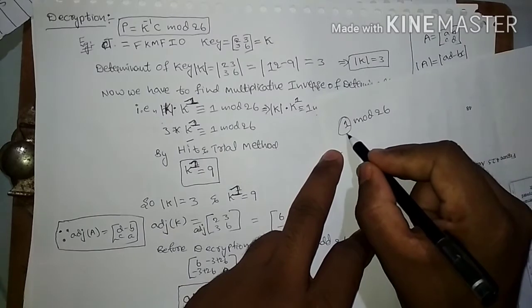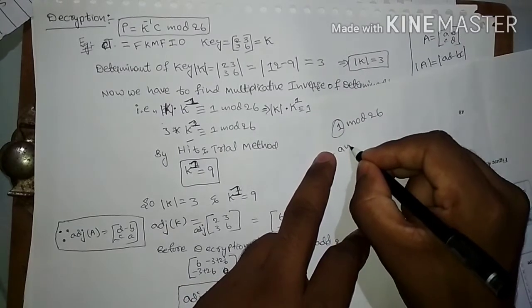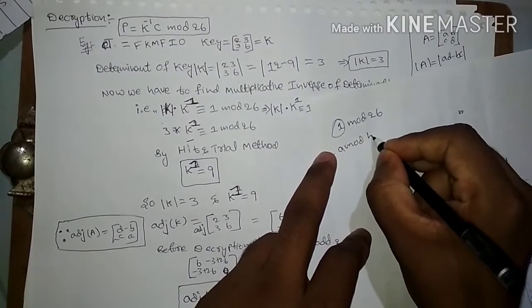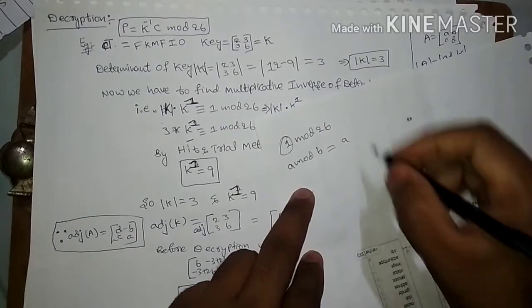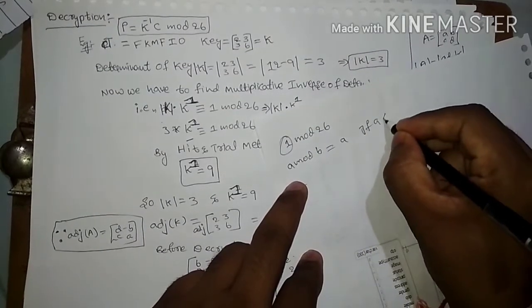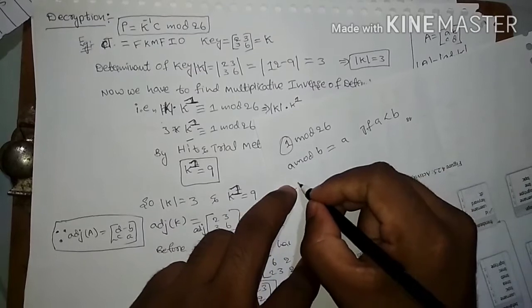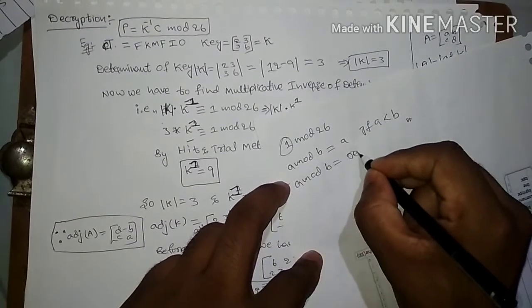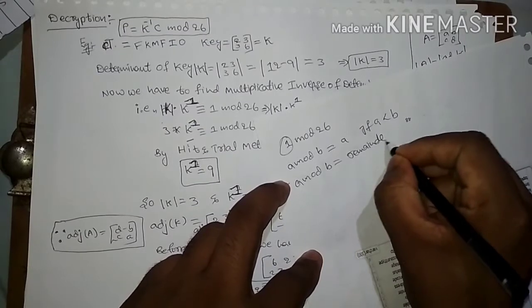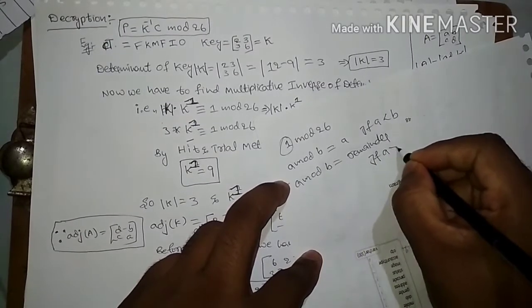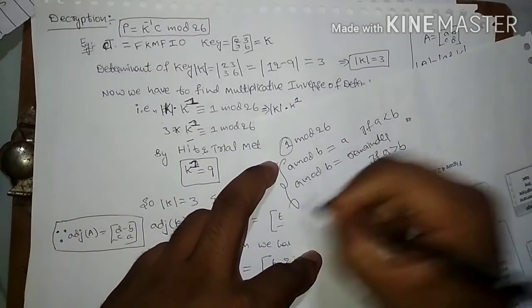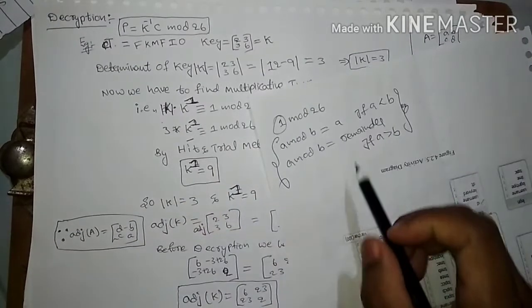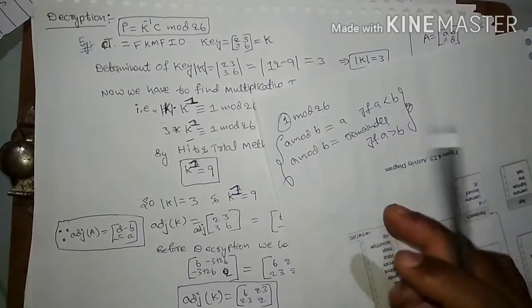If a mod b equals a, if a is less than b. Second one, a mod b equals the remainder if a is greater than b.